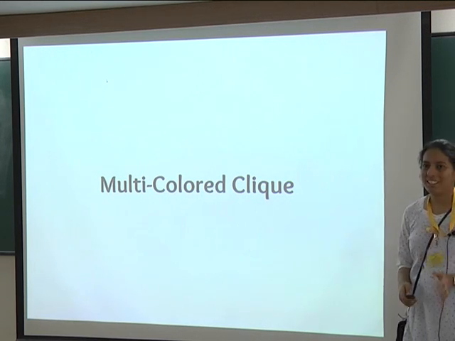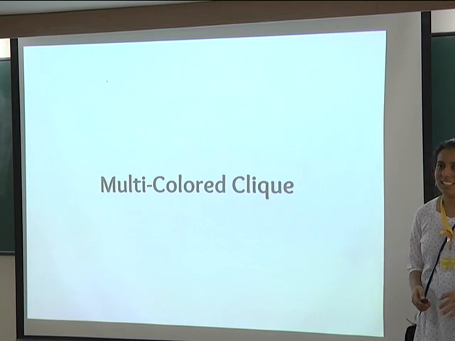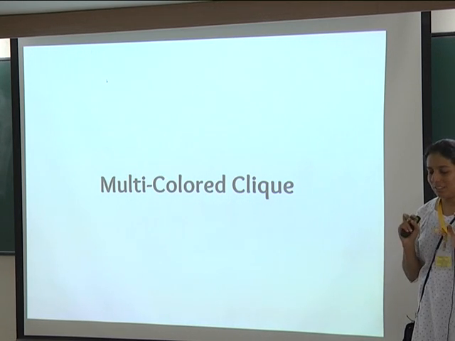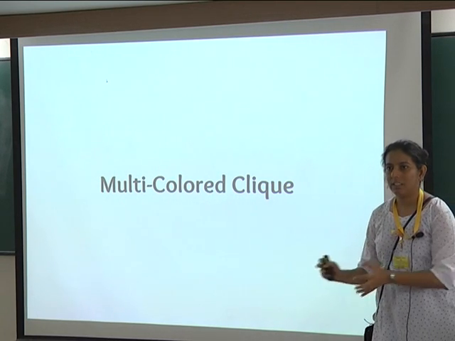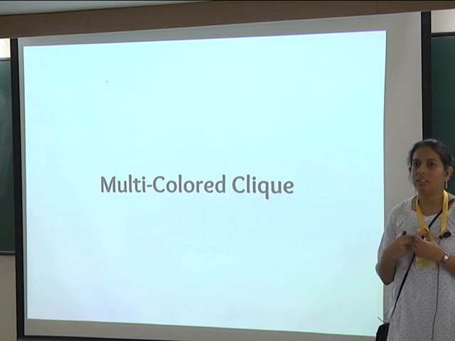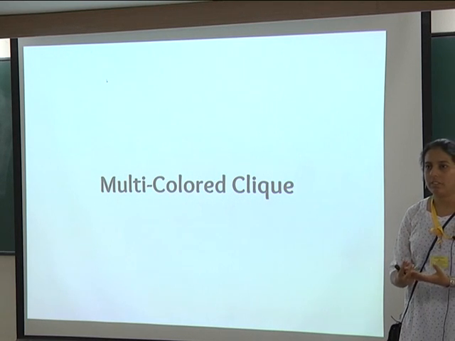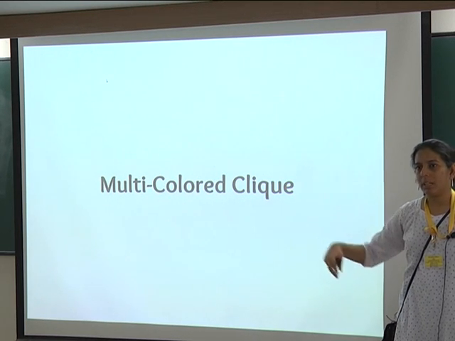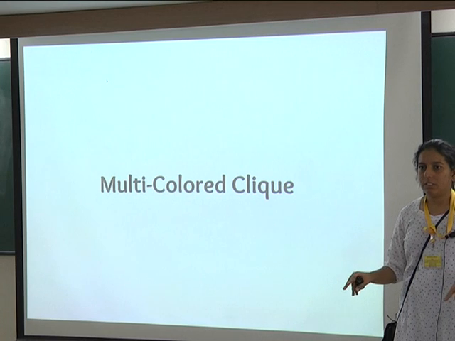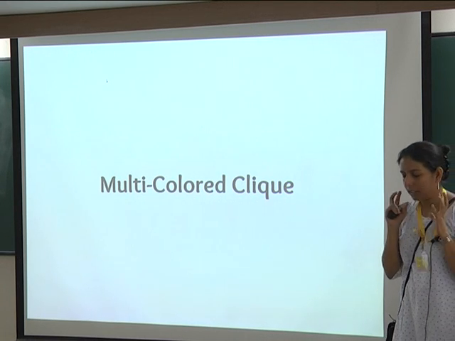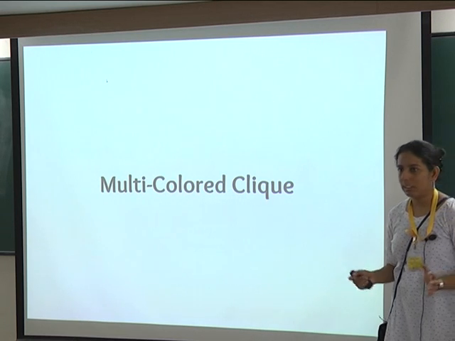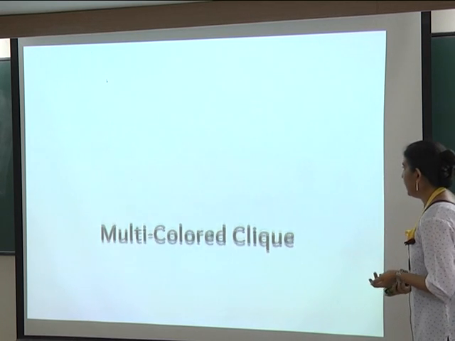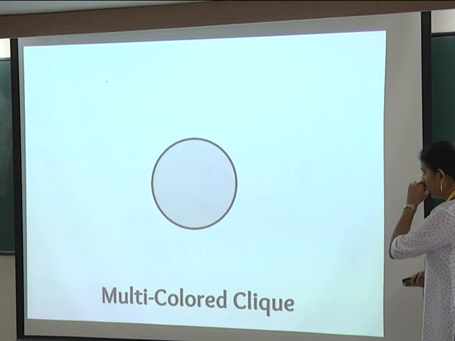You remember colorful path from yesterday's lecture, post-lunch. The idea was that you're given a partition of the graph into k parts, and you want the structure that you're trying to identify to intersect each of these parts at exactly one vertex. So whatever it is that you're trying to find should be evenly spread across these parts. That's colorful path, and colorful clique is similar.